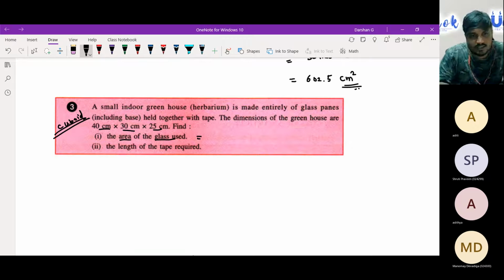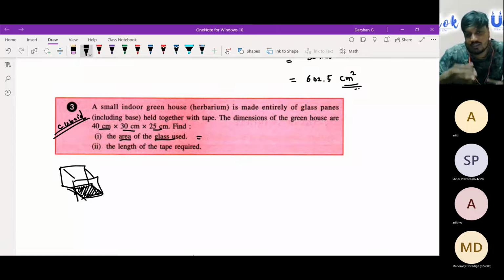Now the point is, okay, sir, this is a cuboid, I understand, but in the base at least there should be no glass, right? But they have told explicitly that the base is also made up of glass. So it's simply a surface area formula that you need to find. Surface area equals 2 times (LB plus BH plus HL).